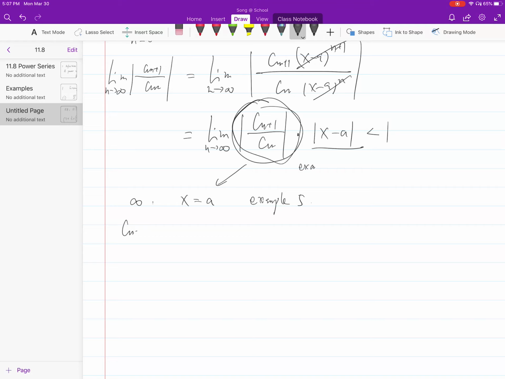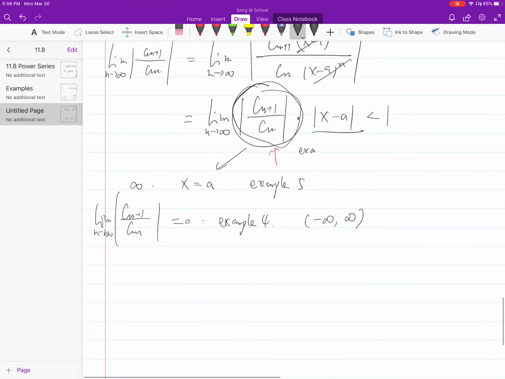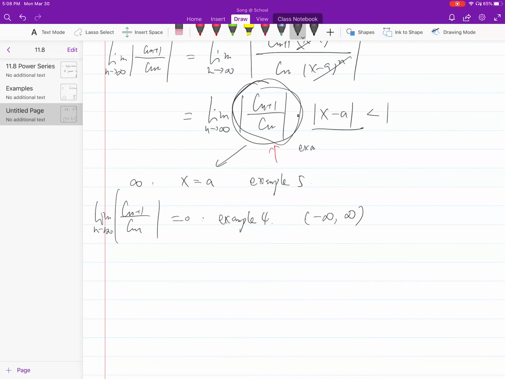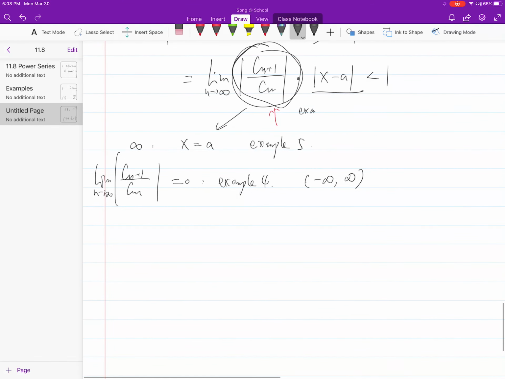Second, c_{n+1} over c_n, limit as n goes to infinity, is 0. For this you can see example 4. If that happens, this part becomes 0. Then whatever x you plug in, it will converge. So this one converges for negative infinity to infinity, for anything. Good so far? Okay. Third possibility. So we try to look at this thing, right? This thing at the front.